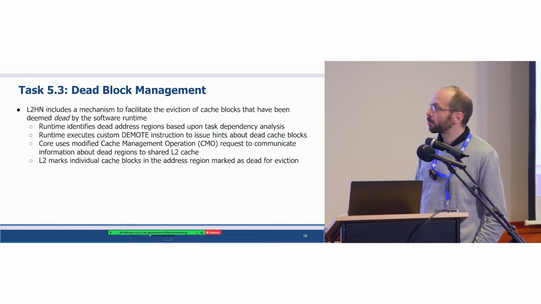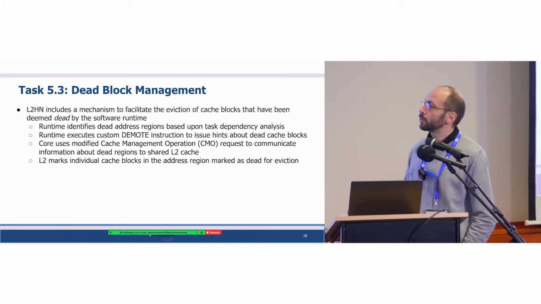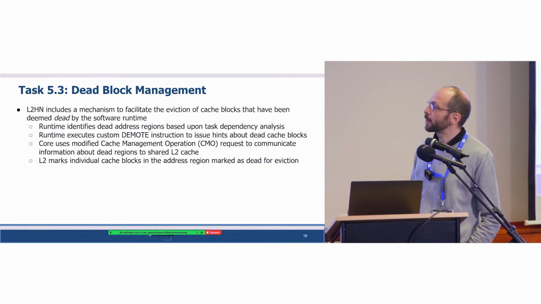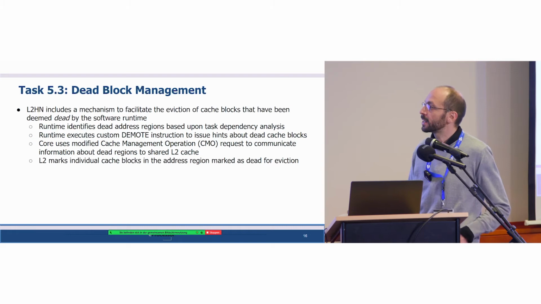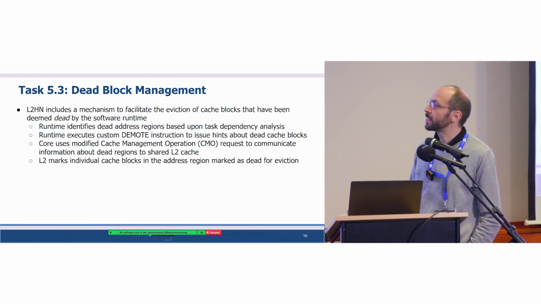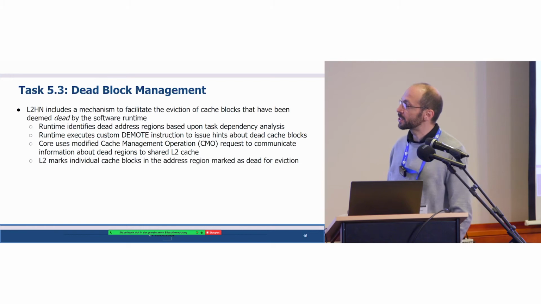There's also work on dead block management by Chalmers. The level 2 cache home node includes this mechanism to facilitate the eviction of cache blocks that have been deemed, let's say, dead by the software routine. The runtime identifies these dead inactive address regions based upon task dependency analysis.